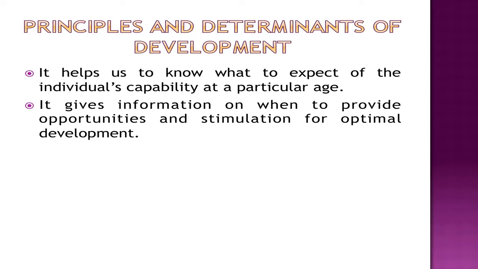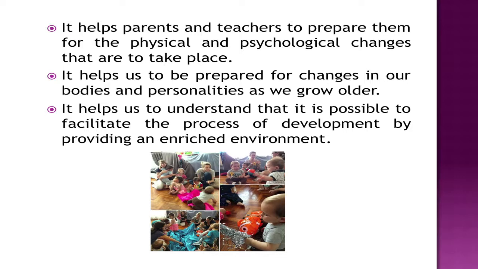First, it helps us to know what to expect of the individual's capability at a particular age. Number 2, it gives information on when to provide opportunities and stimulation for optimal development. Number 3, it helps parents, teachers and others who work with children to prepare them for the physical and psychological changes that are to take place.